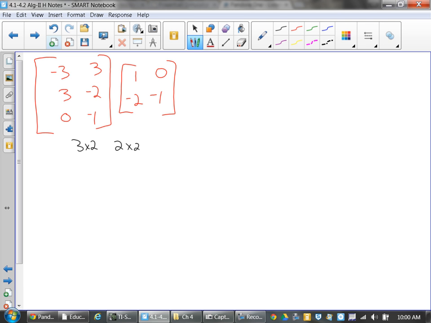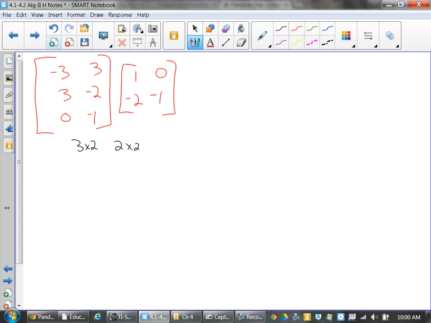Can I multiply these together? Yeah. How many columns am I going to wind up with? I'm going to wind up with 2 columns.